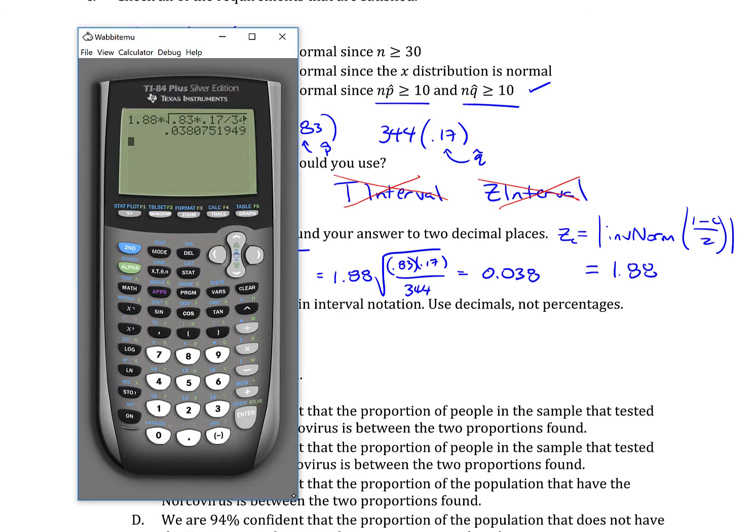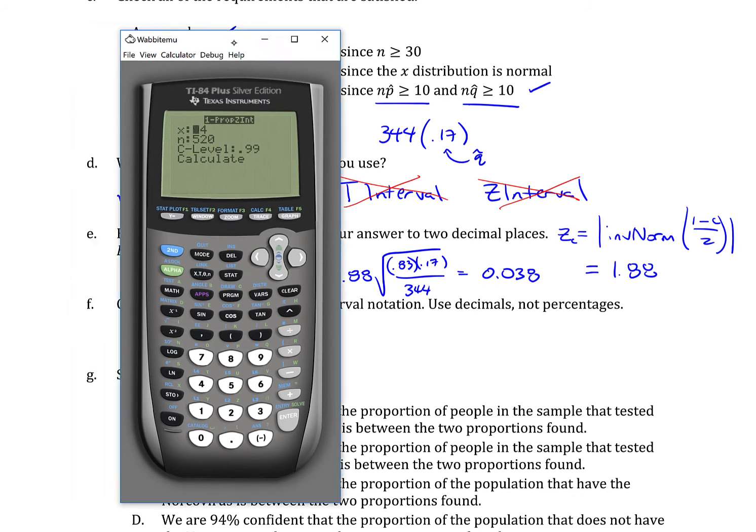Another way is to actually just use the formula that's in the calculator. So if I go over to the tests menu, so stat and tests, and come down to 1 prop z interval. So I'm doing a confidence interval, so I need 1 prop z interval.